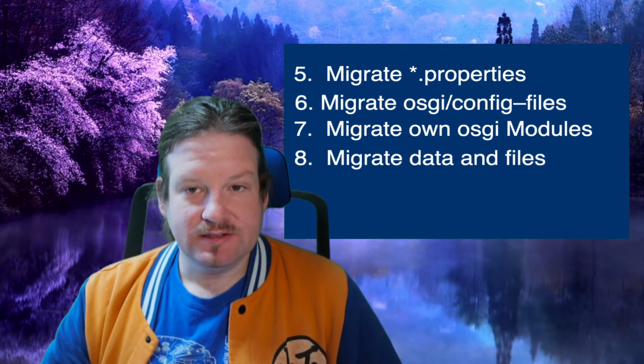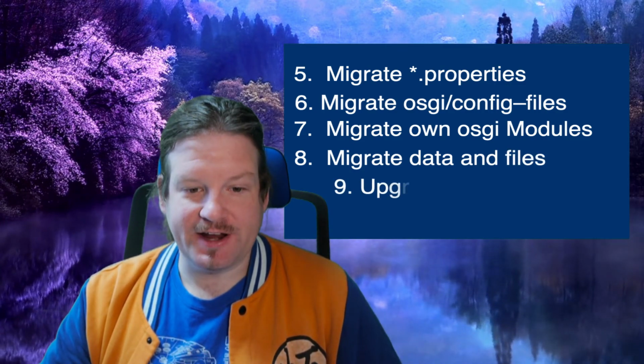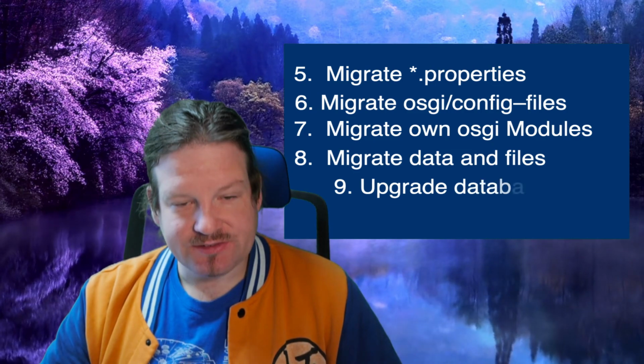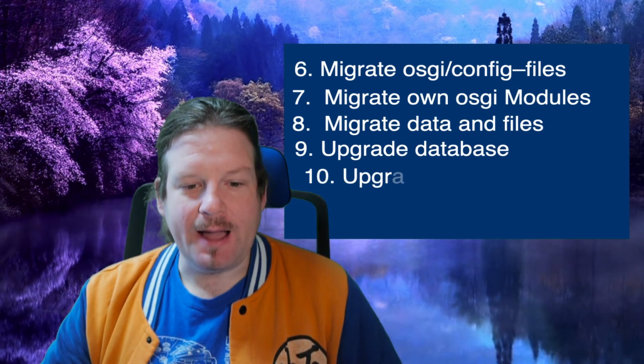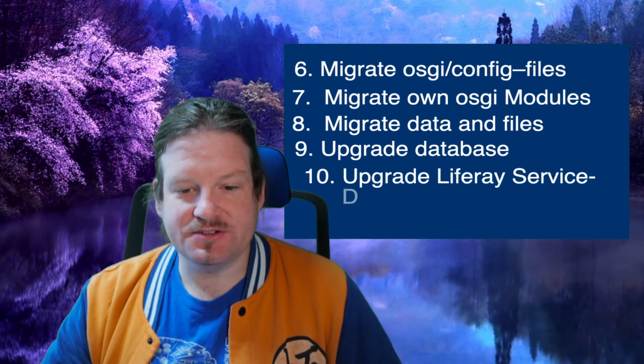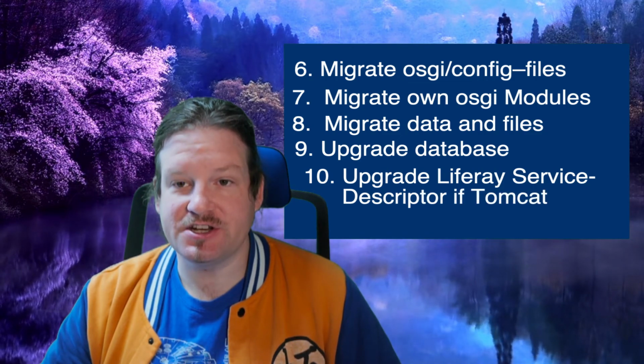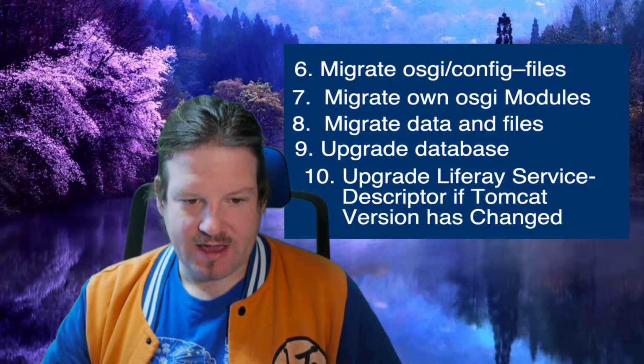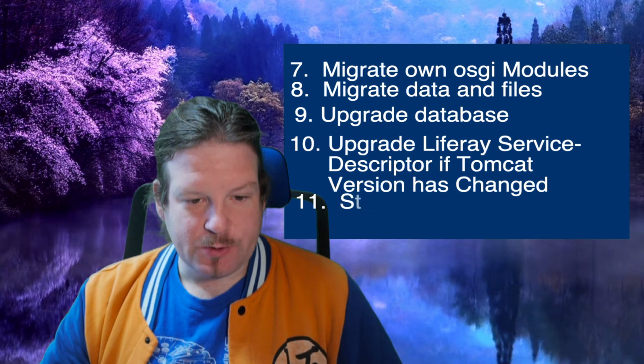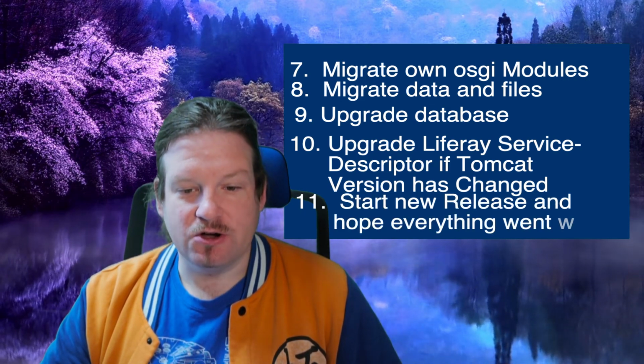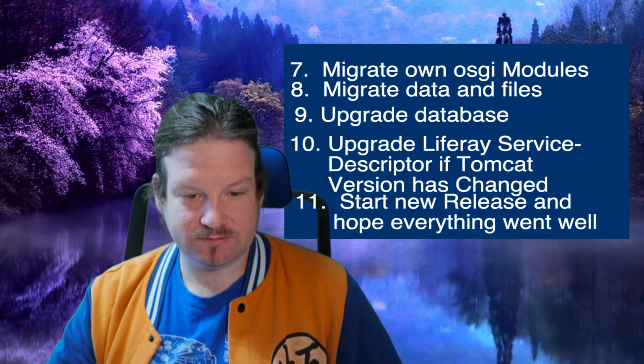Ninth, we then have to upgrade the database. Tenth, we have to upgrade the Liferay service descriptor if the Tomcat version has changed. At last, we have to start the new release and hope everything went well.